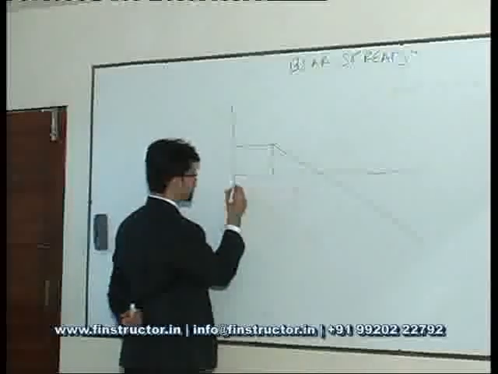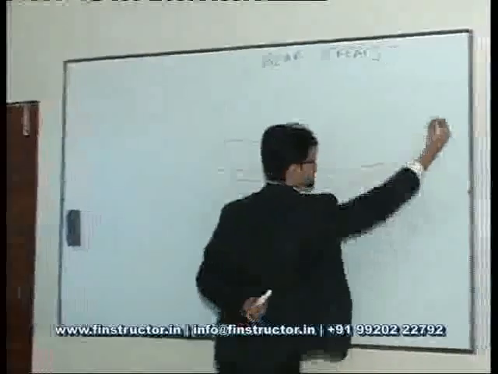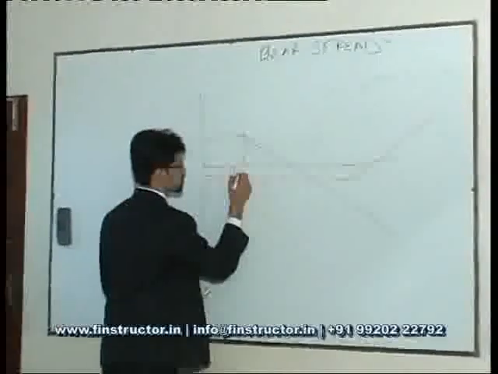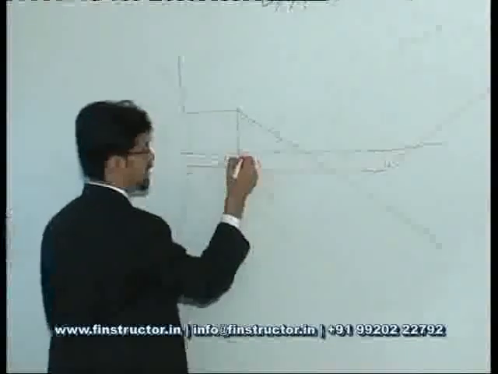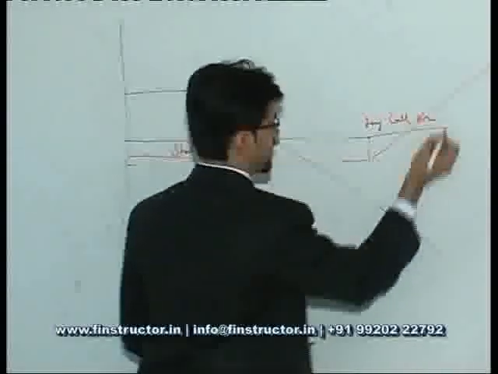This will be a lower premium. This will be the payoff on the call option that I have. So I'm short a call at K1, I am long a call at K2.